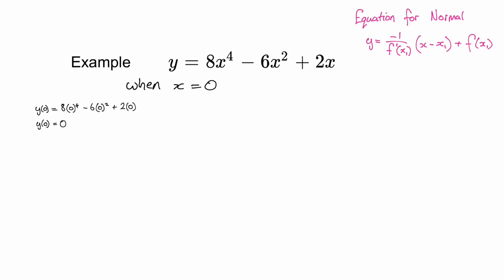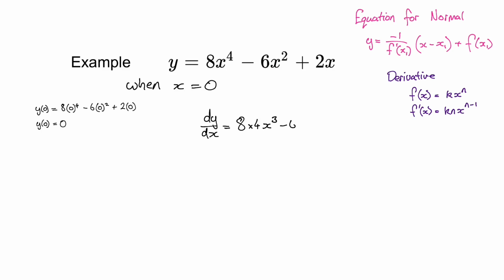Next is going to be finding our derivative, which is given when we have a function in the form of kx to the n. Our derivative is given by kn x to the n minus 1. So what we're going to do is find dy dx, which is going to be 8 remains from our original. The 4 comes down, so it's going to be times by 4. X to the 4 minus 1 is going to be equal to 3. Our minus 6 remains, so minus 6.